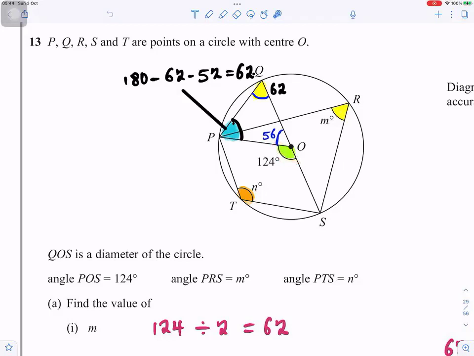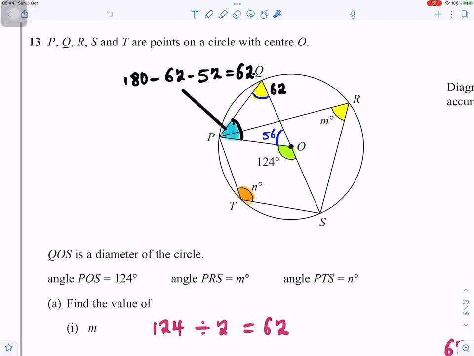Angle PRS is M degrees. The letter in the middle, R, that's where the angle is. So you have PRS, and that angle is M. Angle PTS is equal to N degrees.